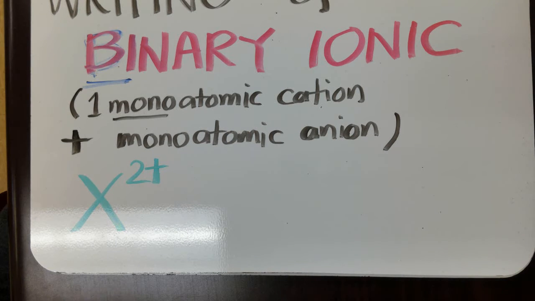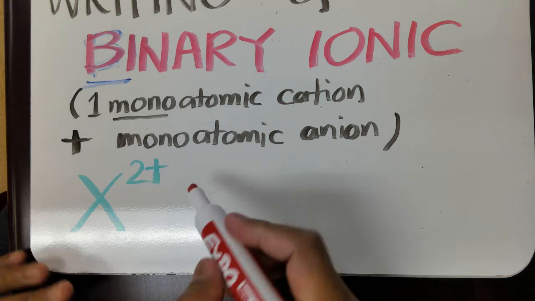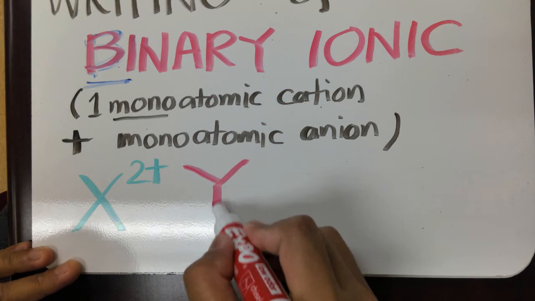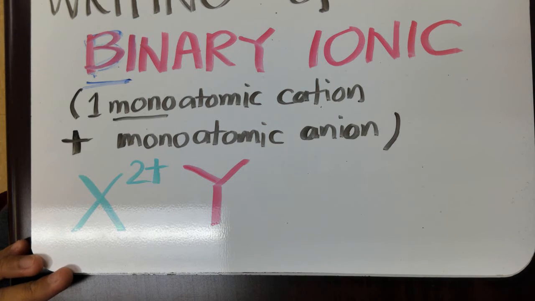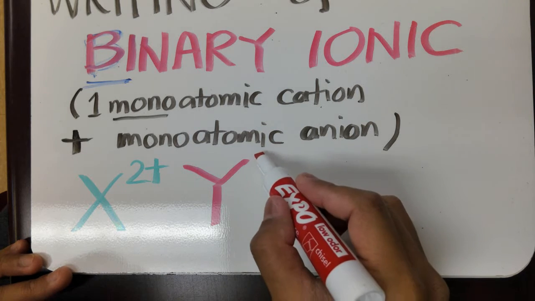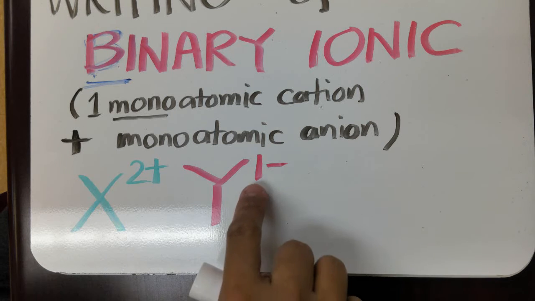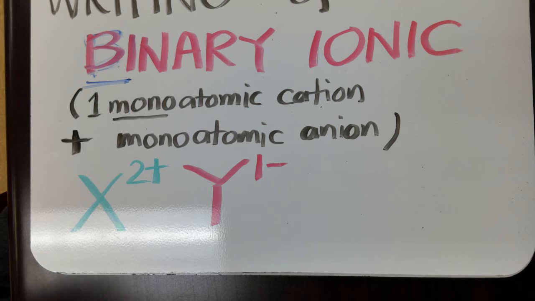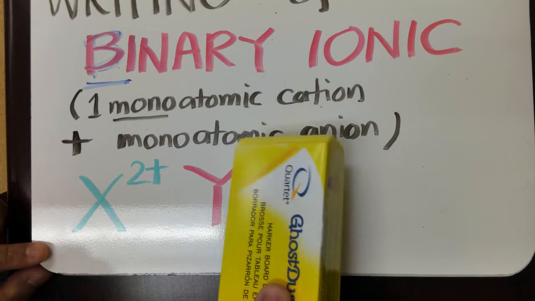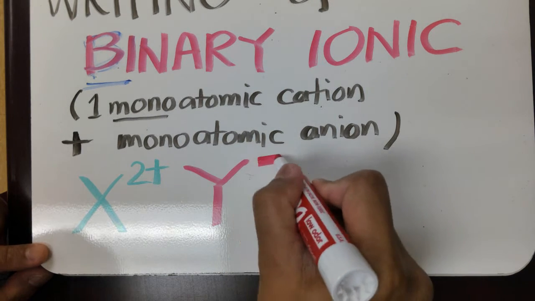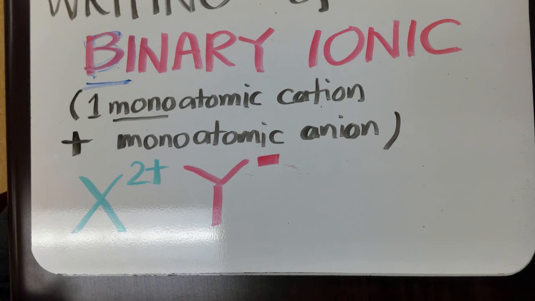The second one is an anion. So let's say it's y. Because it's an anion, the charge should be negative, and let's say, for example, that the charge of y is 1 negative. Remember, 1 negative can be written as just a negative sign, because the 1 may not necessarily be written.